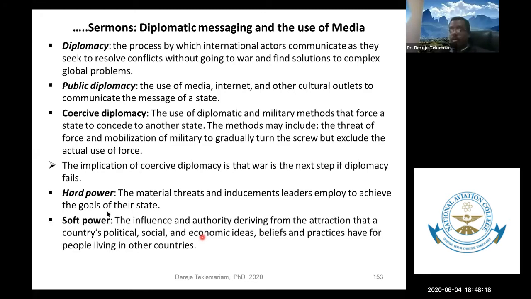Hard power in diplomatic language means the material threats and inducements that leaders deploy to achieve their goals and interests. Whereas soft power means influence and authority derived from the attraction that a country's political, social, and economic ideas, as well as beliefs and practices, have over the people living in other countries.